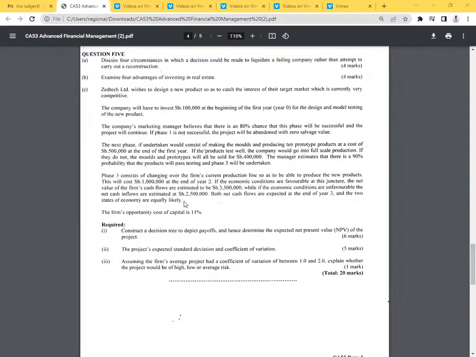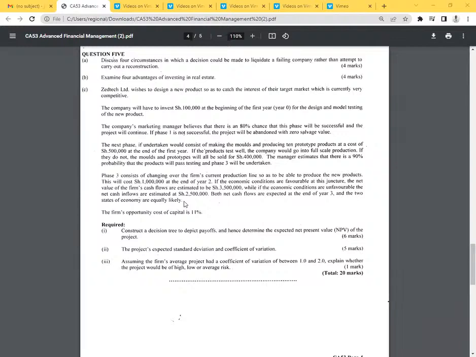If phase 1 is not successful, the project will be abandoned with a 0 salvage value. The next phase, if undertaken, would consist of making the molds and producing 10 prototype products at a cost of 500,000 at the end of the first year.